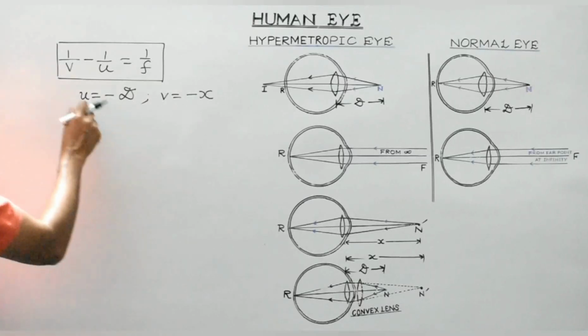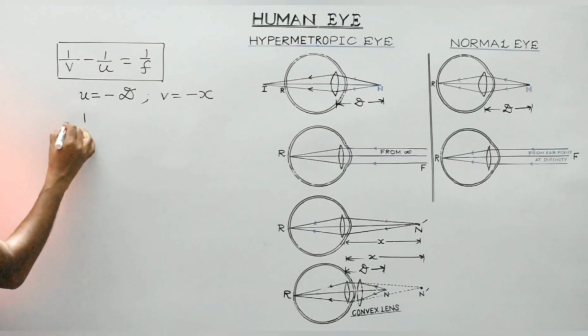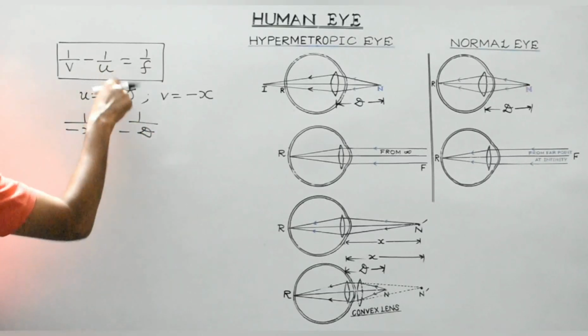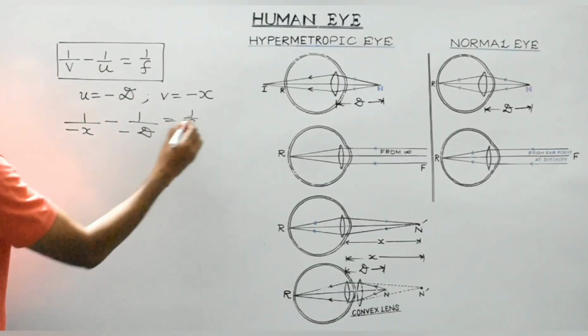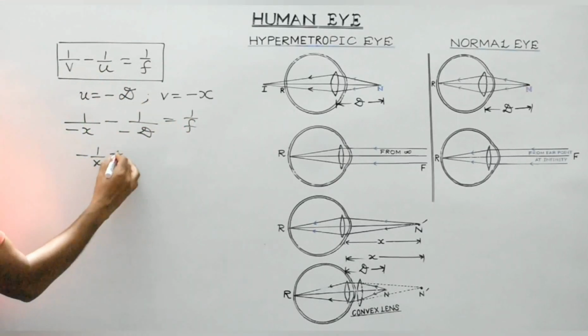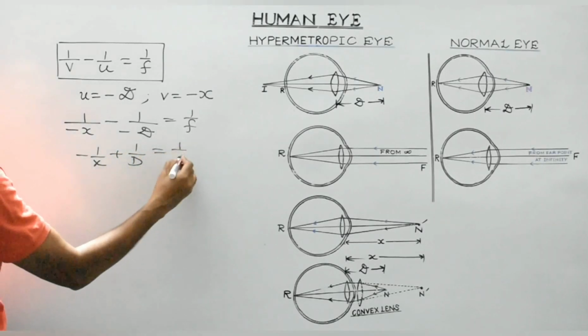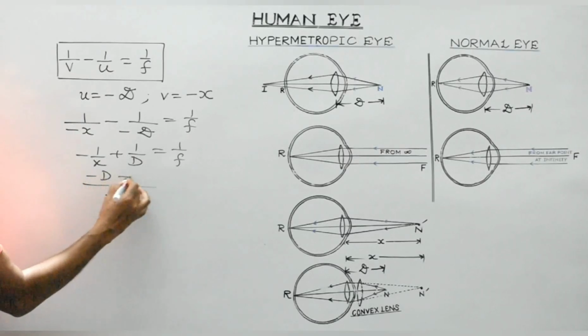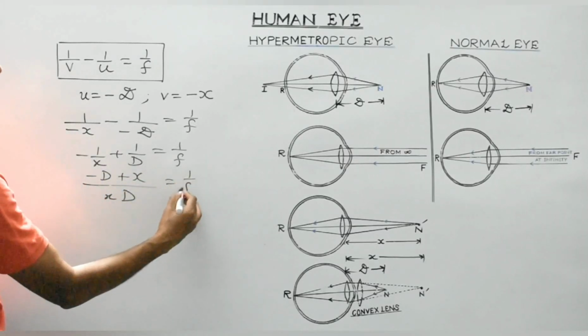Substituting this value, what you get is: substitute the value of u as minus D. So, minus 1 by X plus 1 by D is equal to 1 by f. Let's take LCM, XD. It will be minus D plus X over XD is equal to 1 by f.